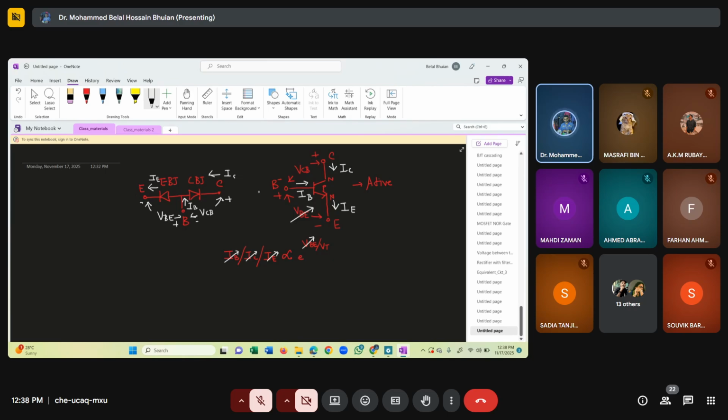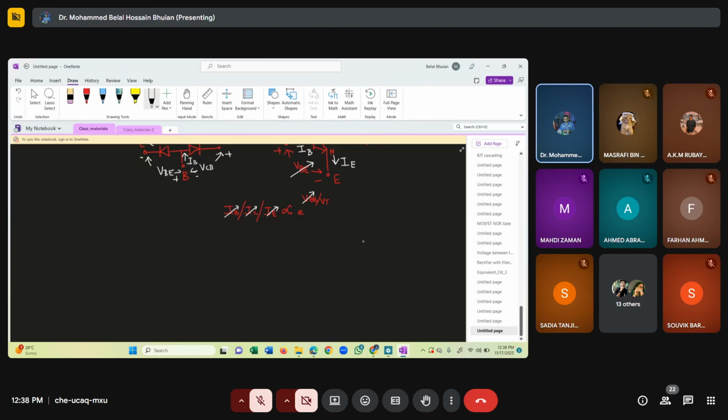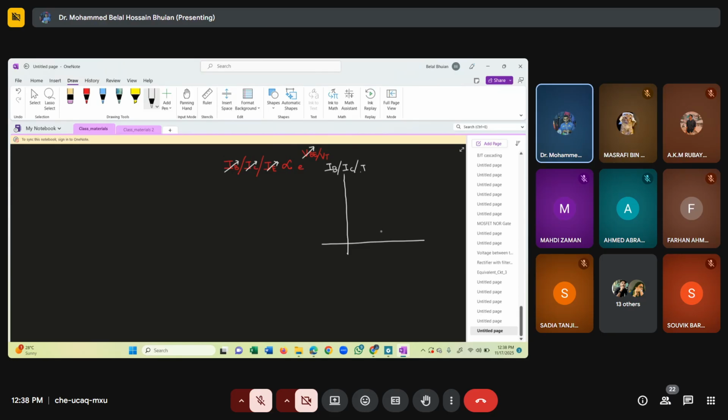So it is diode current. When it is forward biased, we know the diode IV characteristic looks like this. So it's a diode IV characteristic, whether it is IB or IC or IE, and the voltage is VBE.